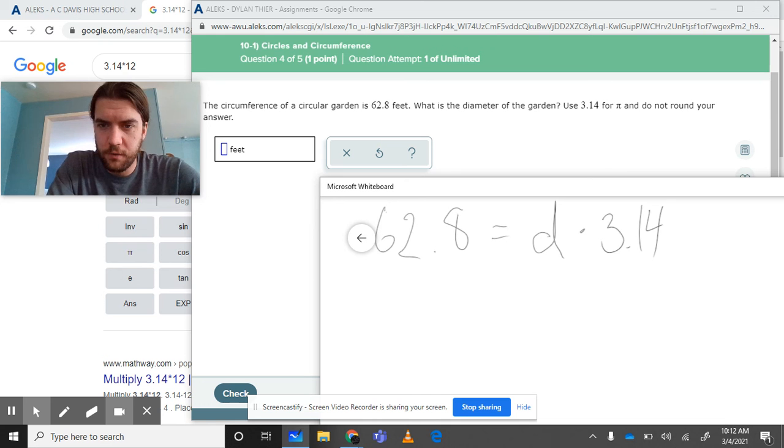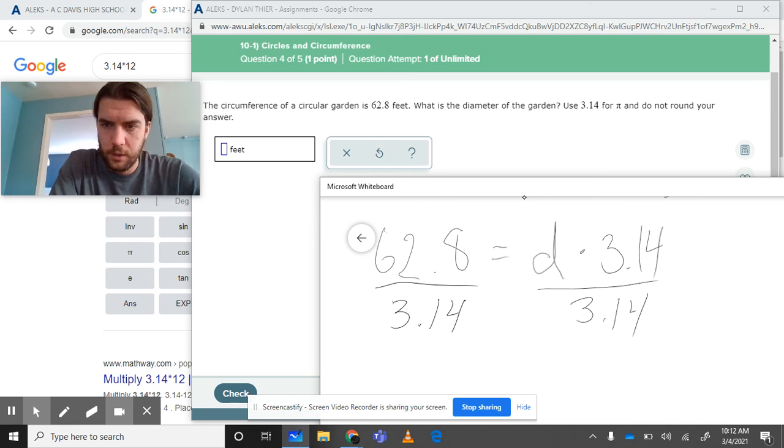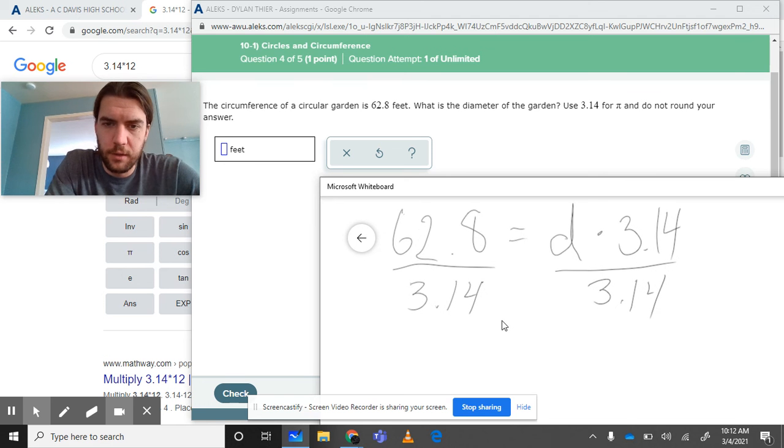So we do that on both sides, so we keep the equation equal. And this number looks like it's twice 3.14 anyways. This digit's twice, this digit's twice, this digit's twice. It's just 10 less. So I think that should give us 20 on the left side.